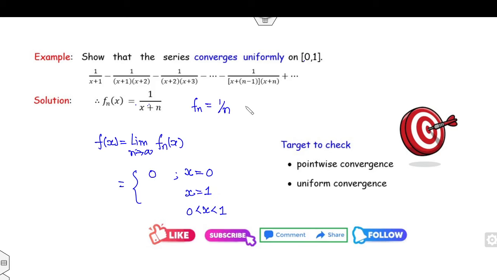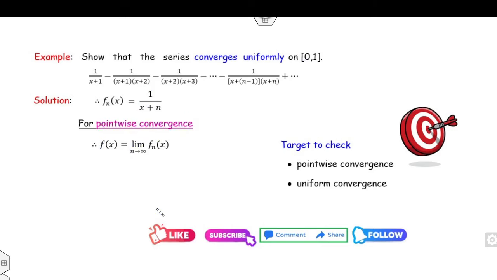If x is equal to 1, your f_n(x) will be 1 over 1 plus n. Again, if you consider the limit, it is 0. And if x lies between 0 and 1, again if you consider the limit as n approaches infinity, the answer is 0. So therefore, you can say f(x) will be 0 for all x here. And you can see the limit is unique and exists. Therefore, the nth term sequence converges pointwise.